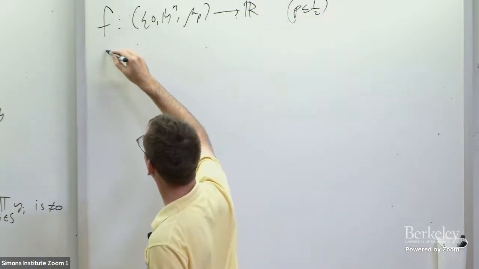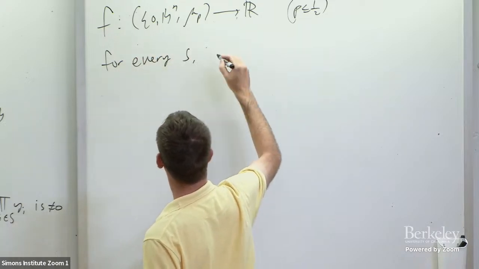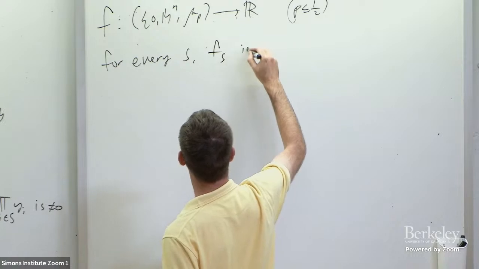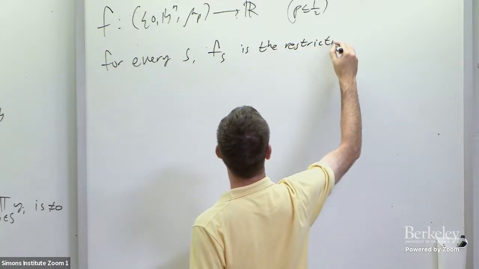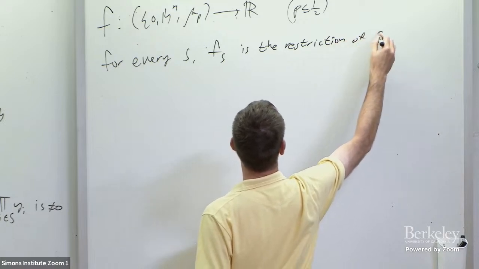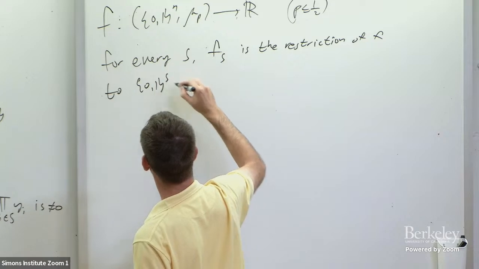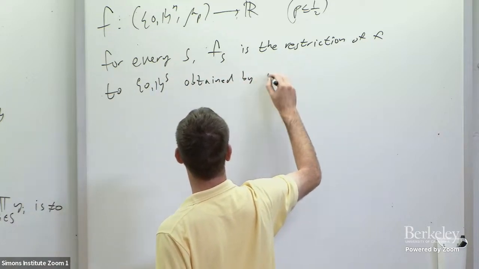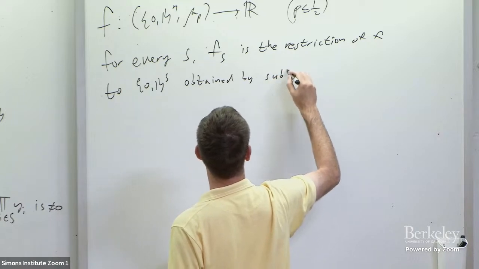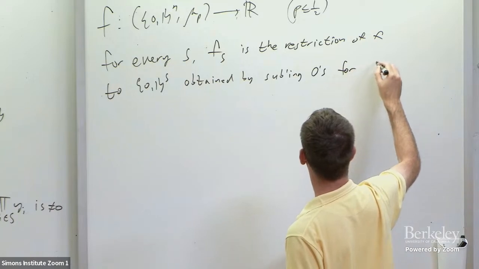Now, for every s, f_s is the restriction of f to {0,1}^s obtained by substituting zeros for the other coordinates.